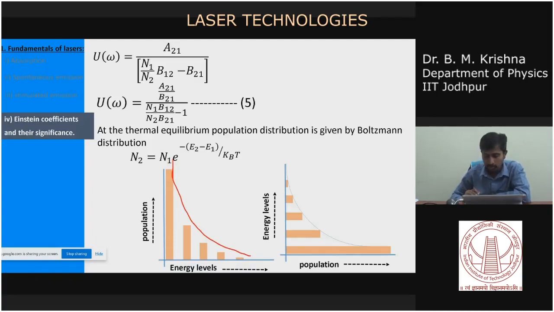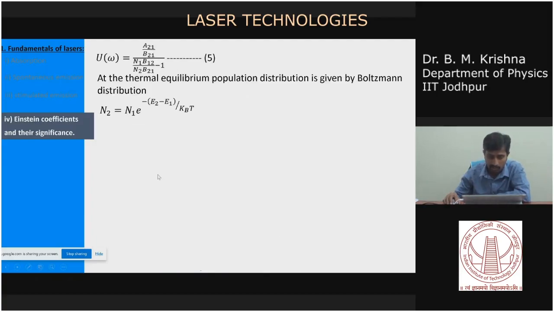This is the distribution of the population of the states at thermal equilibrium. In the expression for U of omega, we need N1 by N2. So from the Boltzmann distribution, N2 equals N1 e power minus (E2 minus E1) by kBT, and from this you can calculate N1 by N2.